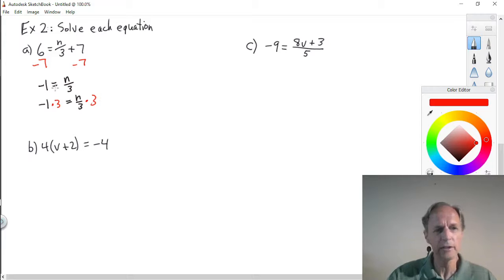And when you do the different colors like this, you can see my black exactly matches from this equation to this equation, and I've put in red, and the red is the same thing to both sides. I can check myself that way. And so here we go. So we have -3 here. We have n, and that looks like we're done.